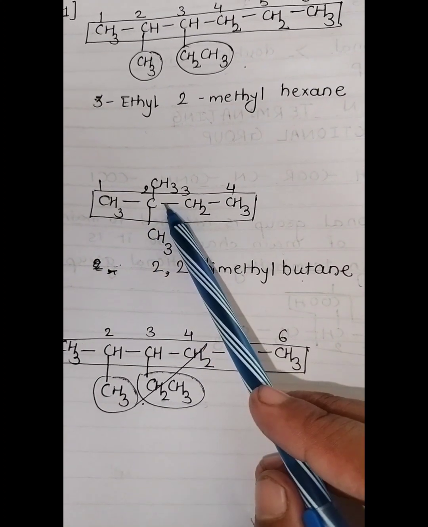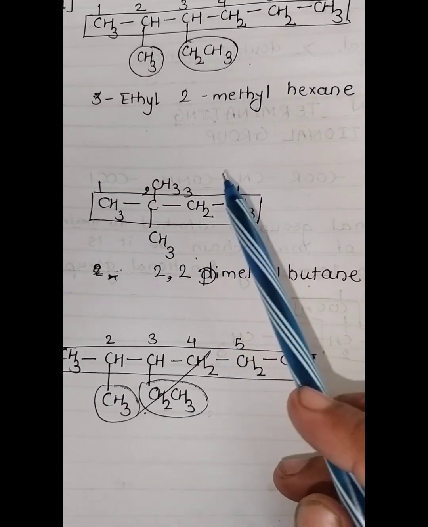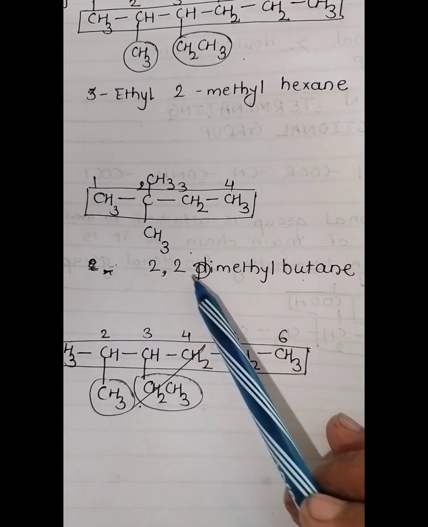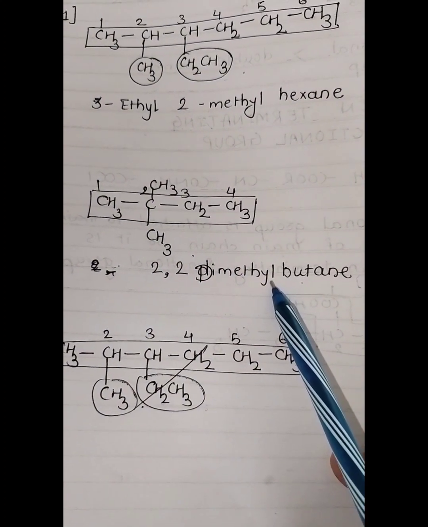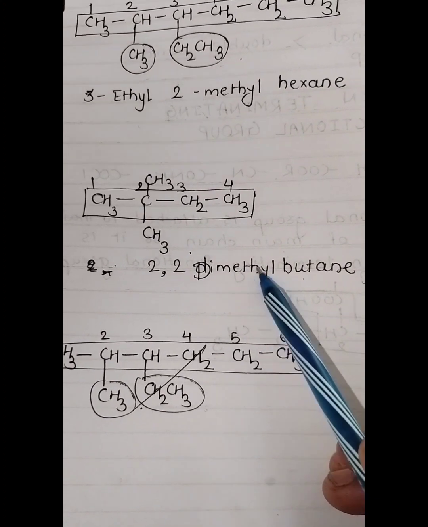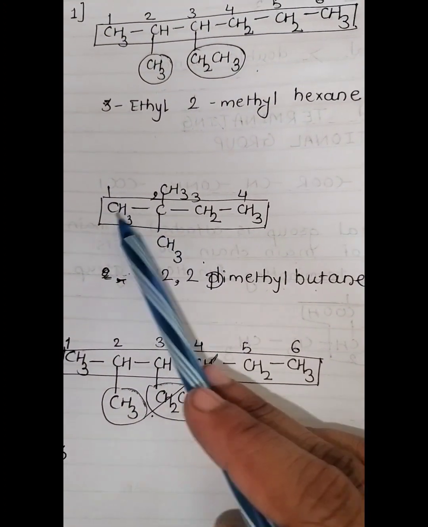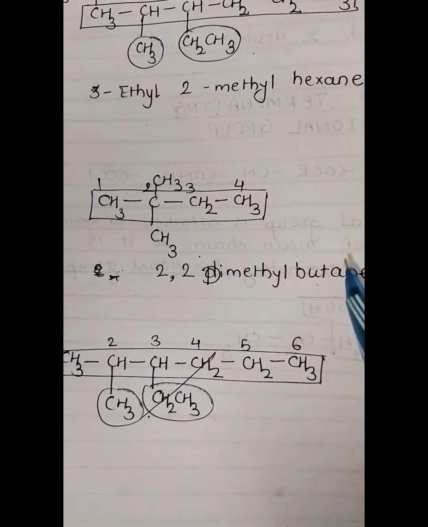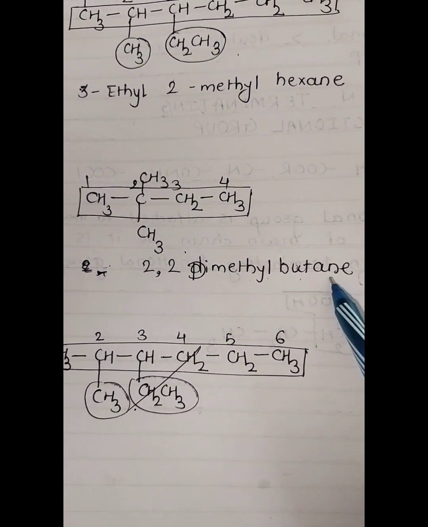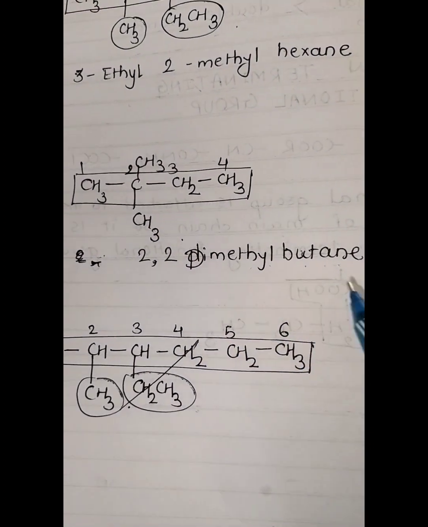Since 2 methyl groups, we use dimethyl. So 2,2 dimethyl substituent. For substituent we use YL, and here 4 carbons 1 2 3 4. So the word root is but, and for single bond we use ANE. So the name of this compound is 2,2 dimethyl butane.